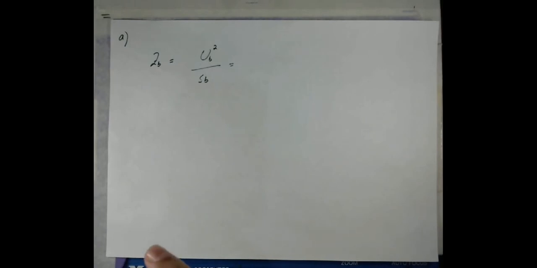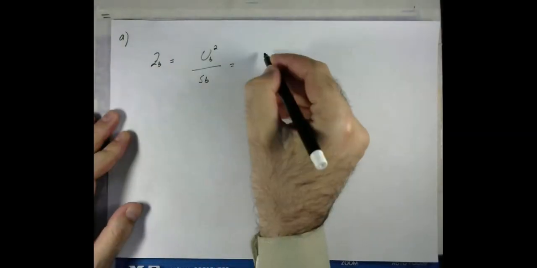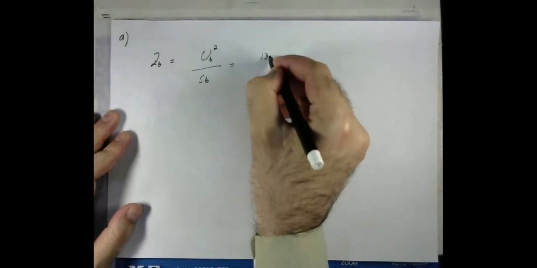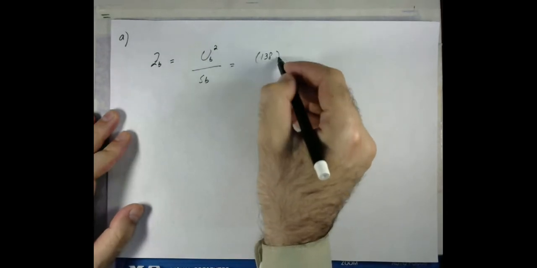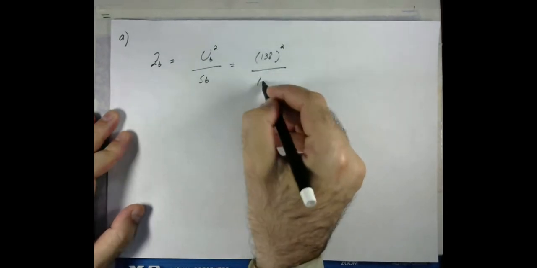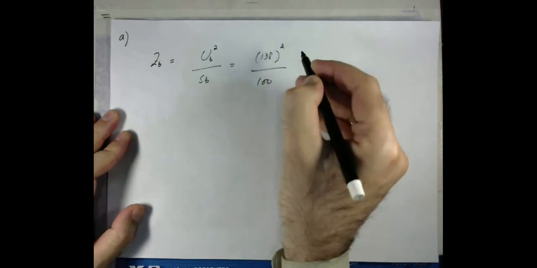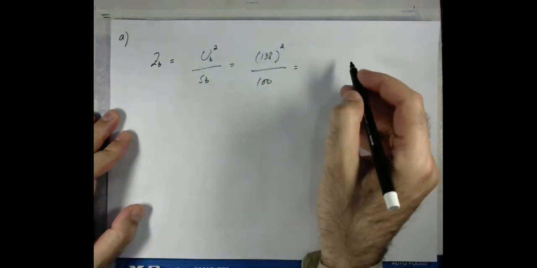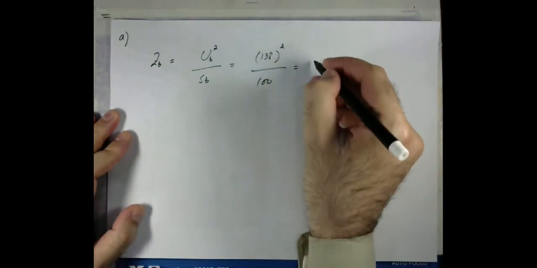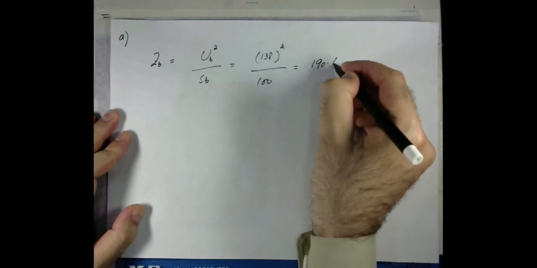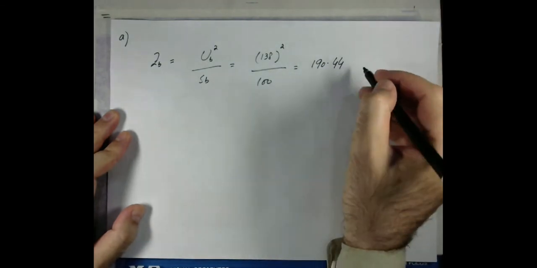So it will become 138 squared divided by 100. That will give us the base impedance, which is equal to 190.44 ohms.